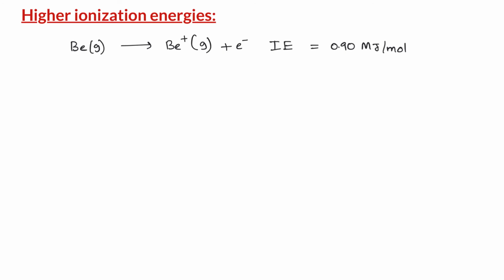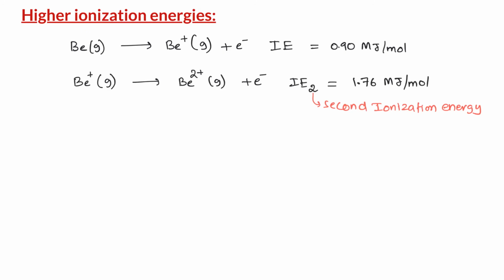This process produces a beryllium plus cation. We can take the beryllium plus cation and ionize it further, that is, remove another electron from it to produce beryllium 2 plus. This energy is called as second ionization energy.